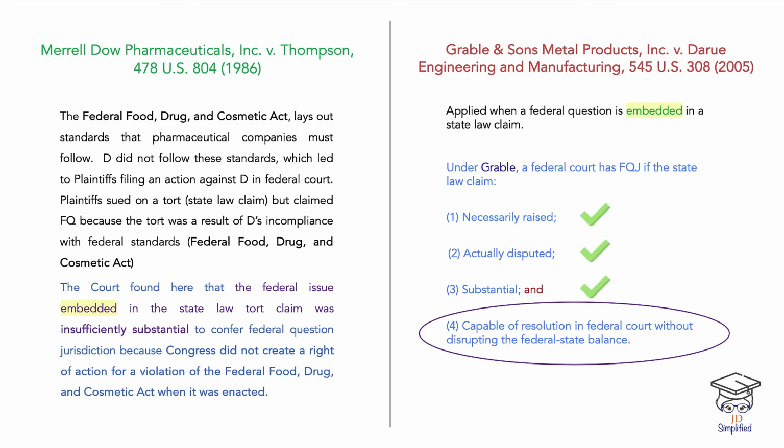This won't open the floodgates. Thereby, as the court noted, exercising jurisdiction over actions like Grable's would not materially affect or threaten to affect the normal currents of litigation. So it is this fourth element right here where the difference between these two cases lies and what explains this seemingly inconsistent outcome for each case.